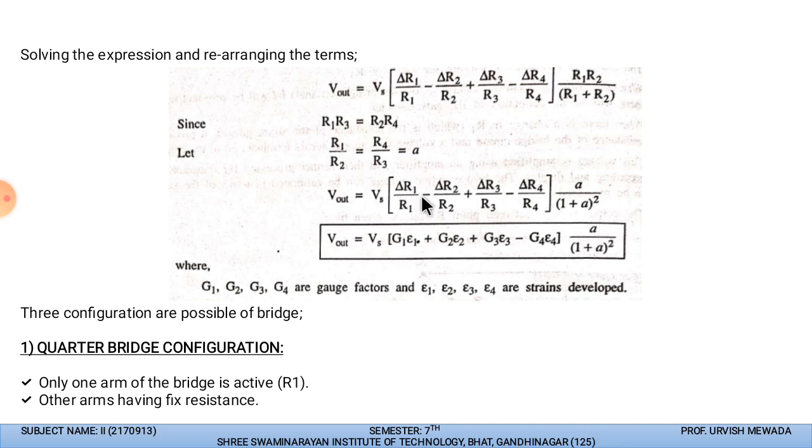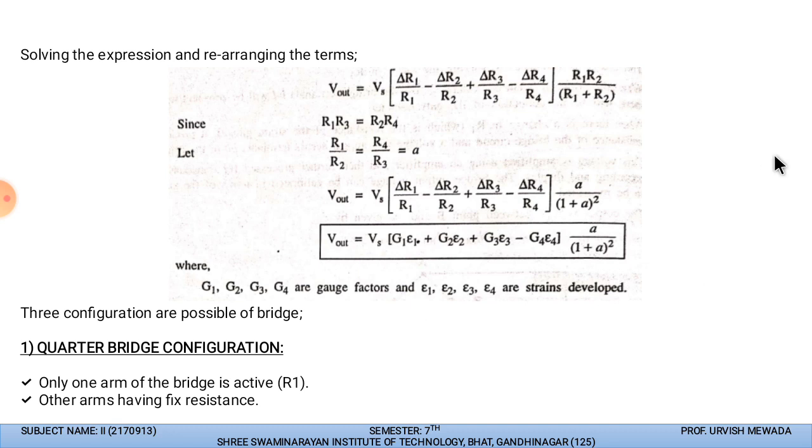For R1, the gauge factor is G1 and the strain applied is epsilon 1. Similarly for R2 it is G2 into epsilon 2, for R3 it is G3 into epsilon 3, and for R4 it is G4 epsilon 4. This is the minus value; this is again a printing mistake in the formula. Here G1, G2, G3 and G4 are the gauge factors, and epsilon 1, 2, 3 and 4 are the strains developed.